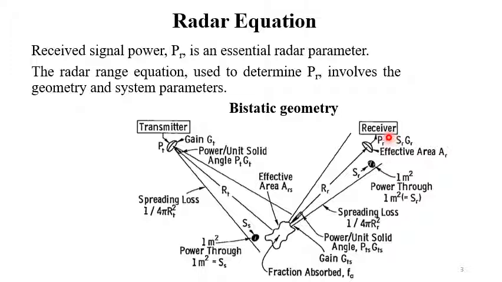Now we are assuming that the receiver is receiving PR amount of power, and the receiver is characterized by SR, where SR is the power through unit area, and GR is the gain of this receiver antenna.